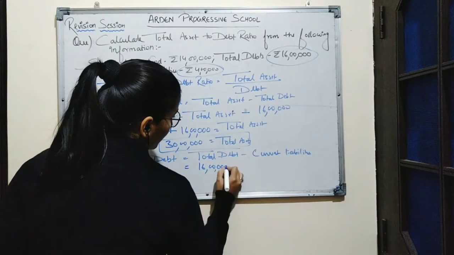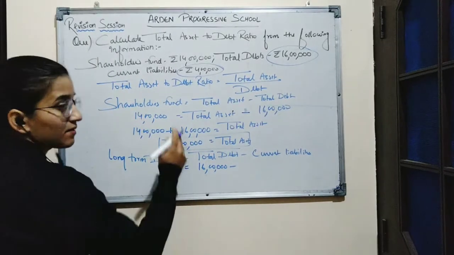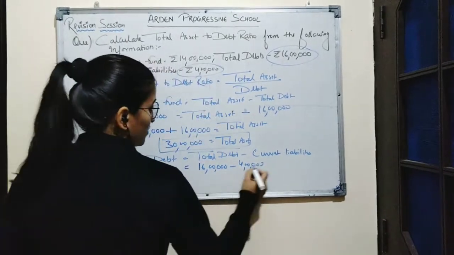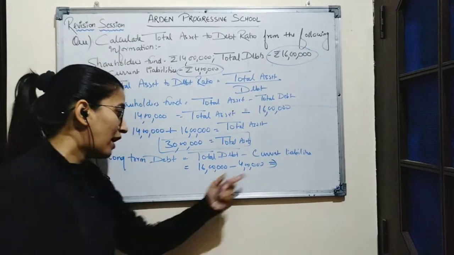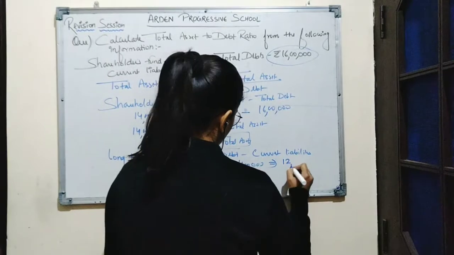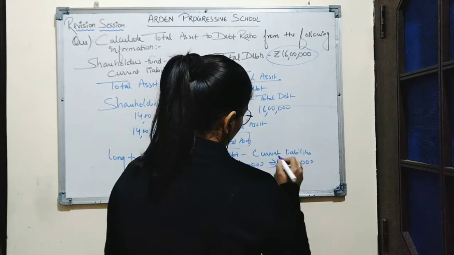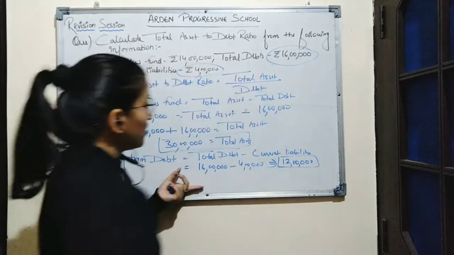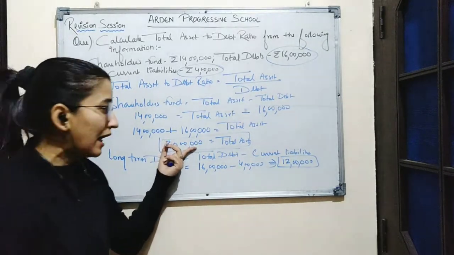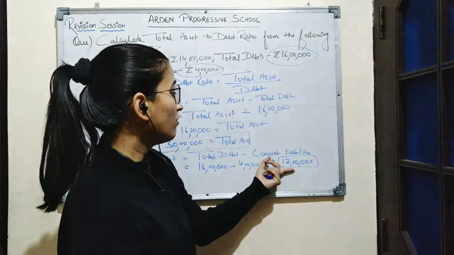Amount of total debt is rupees 16 lakh minus current liabilities amounted to rupees 4 lakh. So by subtracting 4 lakh from 16 lakh we get the amount rupees 12 lakh.